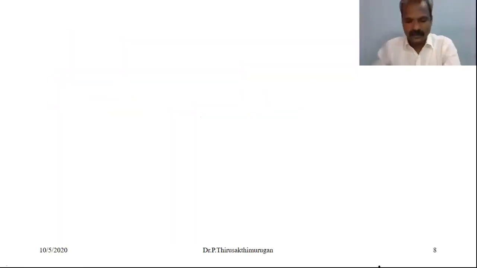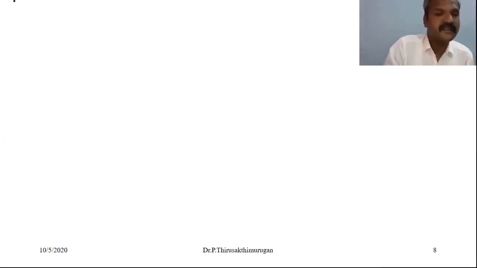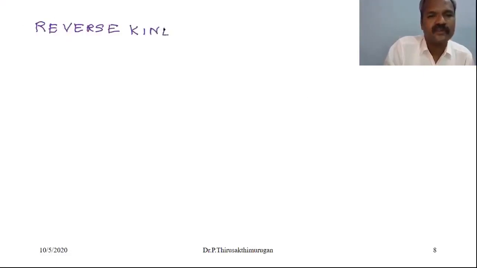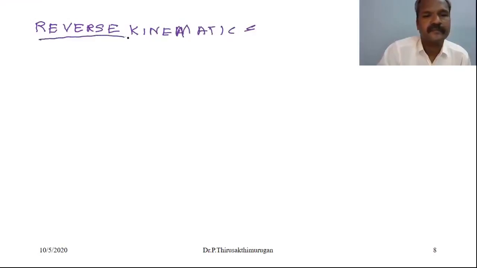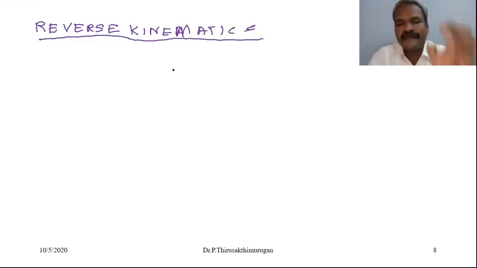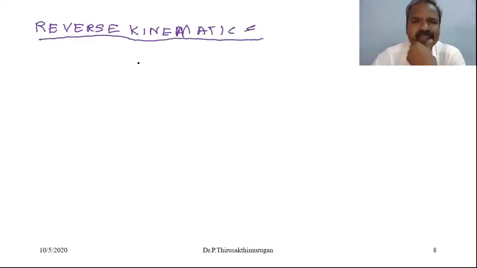Okay. Next is reverse or inverse kinematics. Reverse kinematic solution for a 2 degree of freedom, 2-dimensional robot. How to obtain theta 1 and theta 2 from the given values?